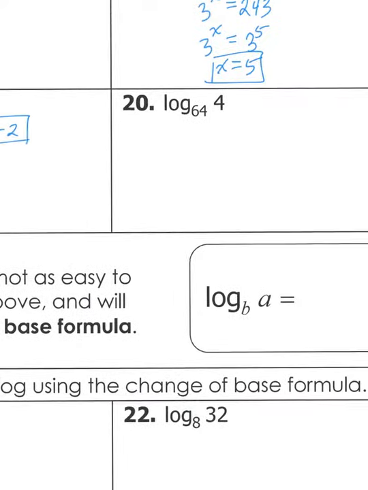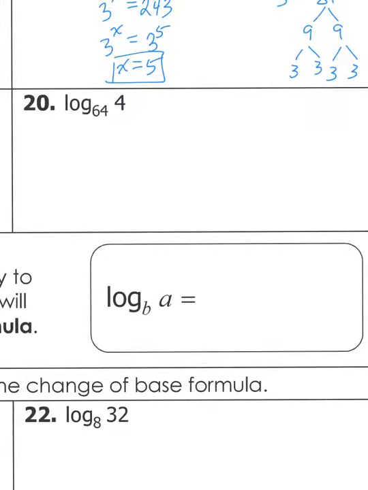Last one is 20. So for 20, we're going to set it equal to x, put it into exponential form. 64 to the x is equal to 4. So you want to ask yourself, here's my smaller base, can I break 64 into multiples of 4, or products of 4? We've worked with 64 a lot. At this point, you should know that that is 4 to the 3rd.